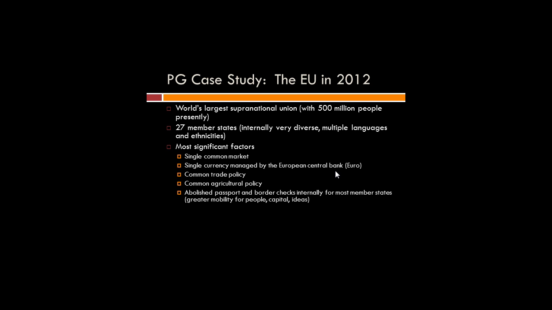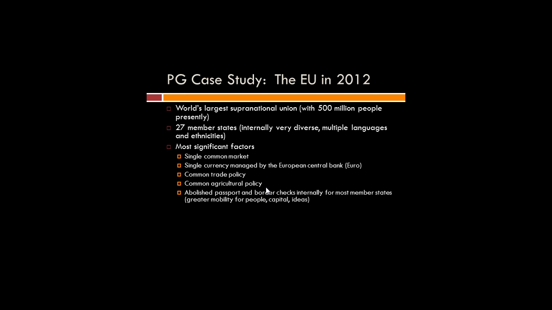That's new. It's a way of dissolving the borders internally, making the borders between the various states a little less important than they once were. A common trade policy and also a common agricultural policy. And remember that, 30 years ago, there were 27 distinct trade policies managed by 27 different countries. But now there's only one.